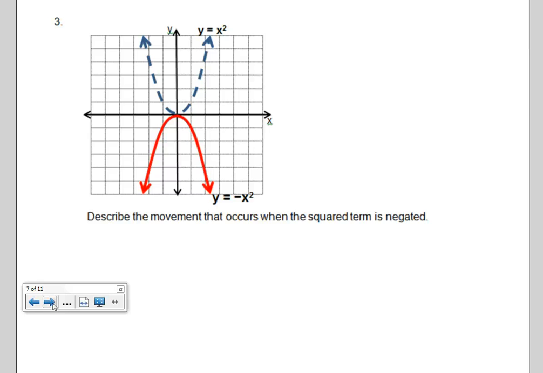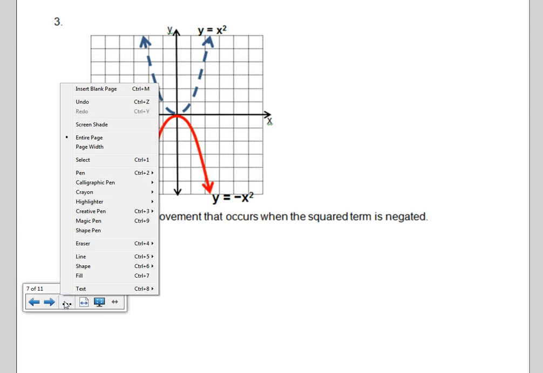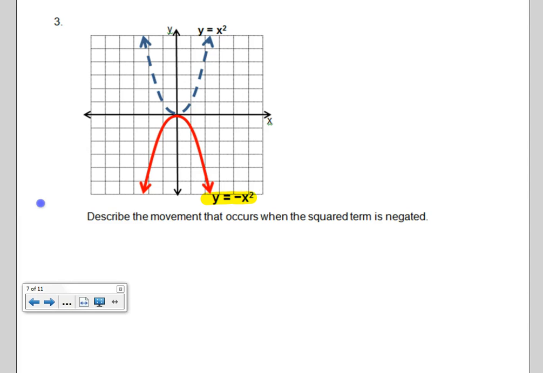Problem number 3, the equation is y equals negative x squared. And if you notice, there is a negative on the squared term. And if there's a negative on the square term, the graph gets reflected over the x-axis.